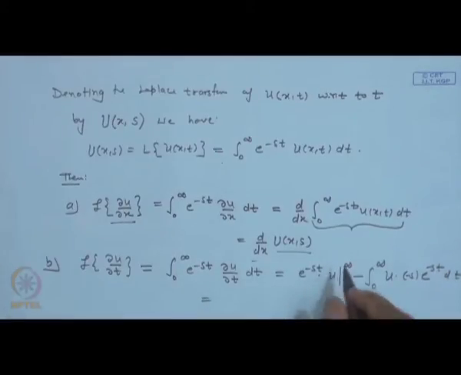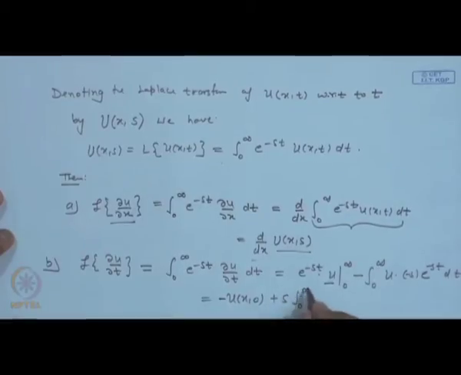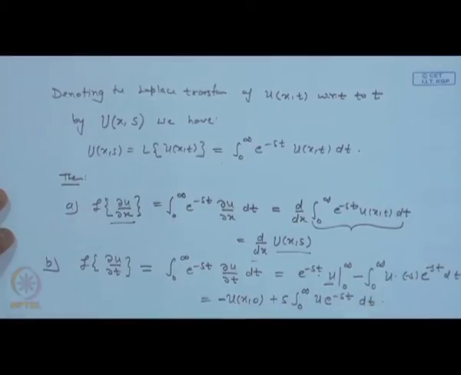If we assume that u is of exponential order, then this will go to 0 as t approaches infinity, and then we have minus the value as t goes to 0. So, we have minus u(x,0), and then minus minus plus s times the integral from 0 to infinity of u e^(-st) dt, and this is the Laplace transform of u.